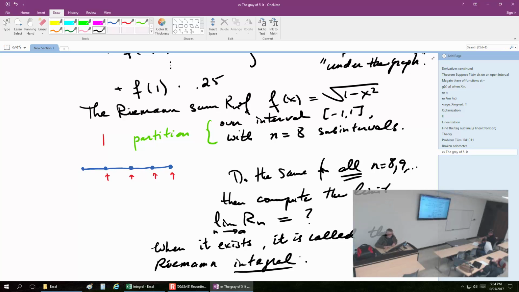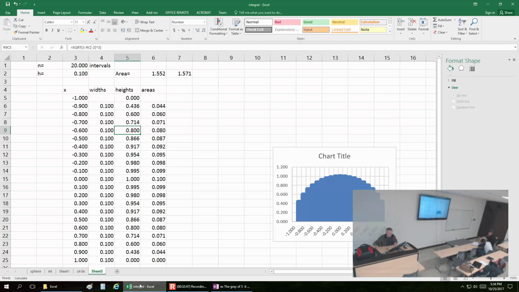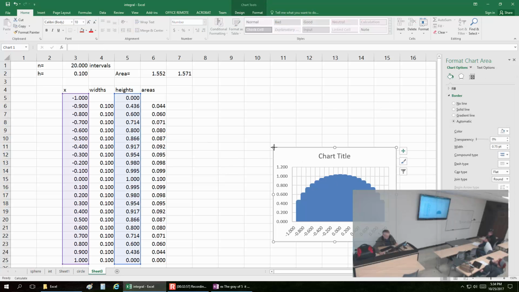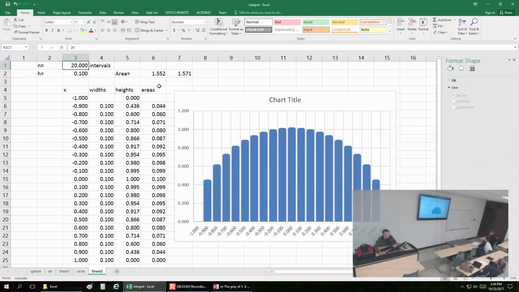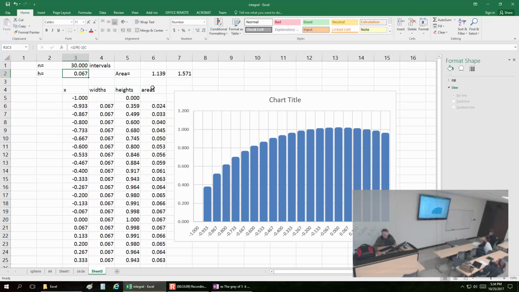Let's now carry this out. Maybe this part of n going to infinity is a bit hard to show with Excel, but you can probably imagine. Let me try. These are the bars, and I will increase the number of intervals from 20 to 30. Maybe it's not entirely clear, but they become narrower and narrower, and the approximation becomes closer and closer to the actual circle.